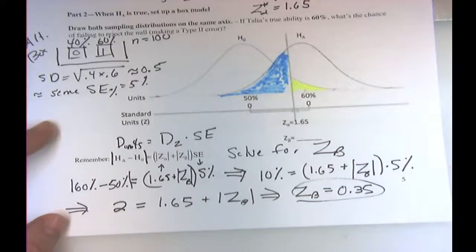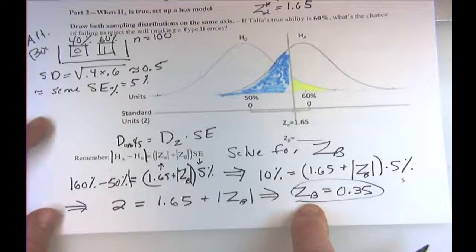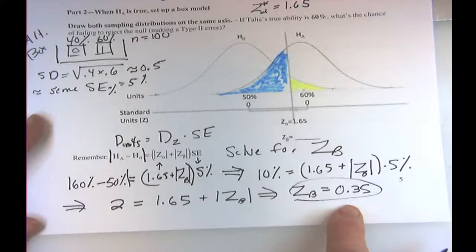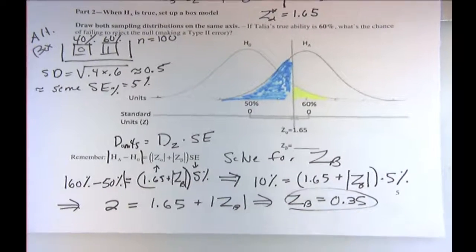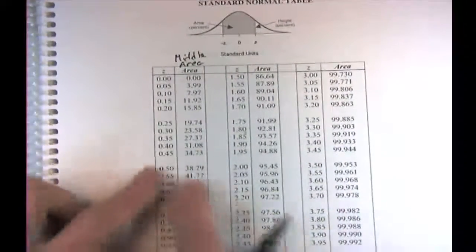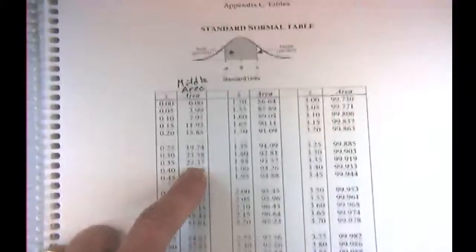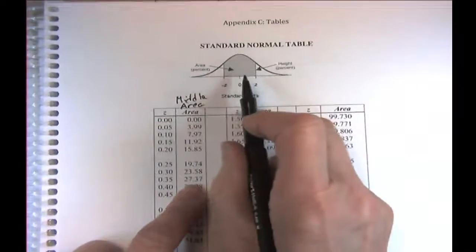Once we have the z-score of 0.35, we can figure out the probability of the type 2 error by using our table again. We look up z equals 0.35, and we see that 27.37 of the curve is in the middle.